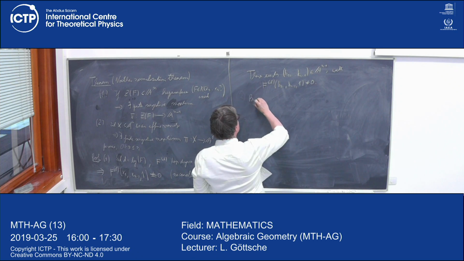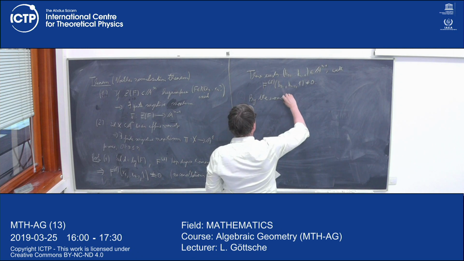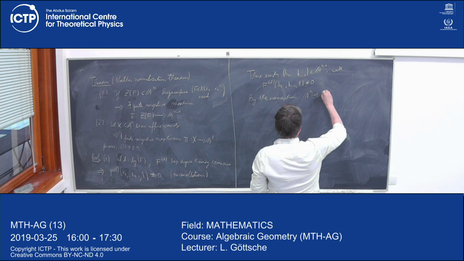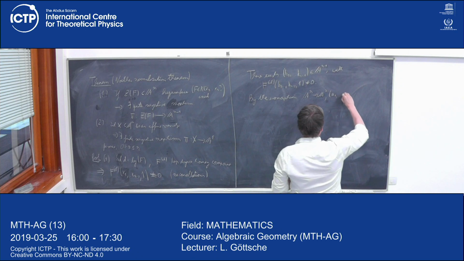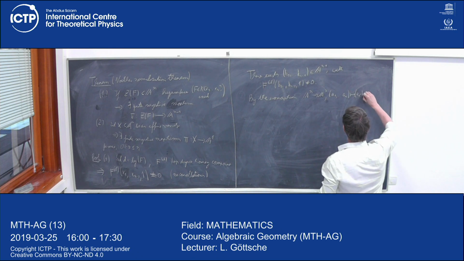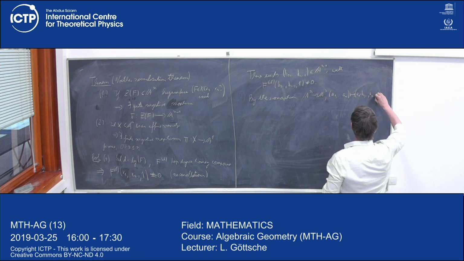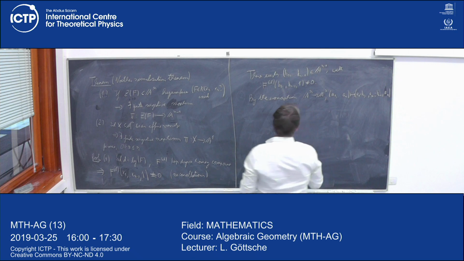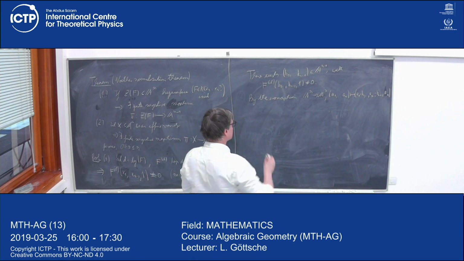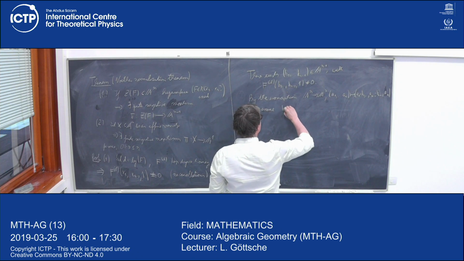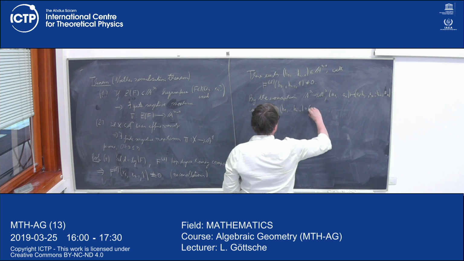By the isomorphism from A^n to A^n, which sends the point (a1, ..., an) to (a1 minus b1, ..., a_(n-1) minus b_(n-1), an), we can assume that b1 to b_(n-1) is zero here.